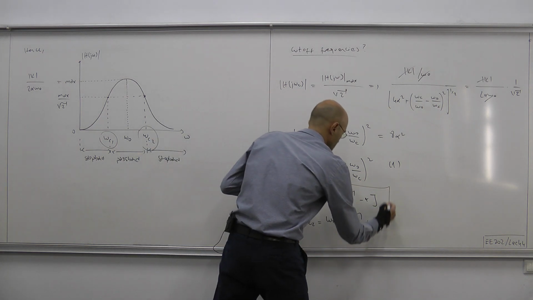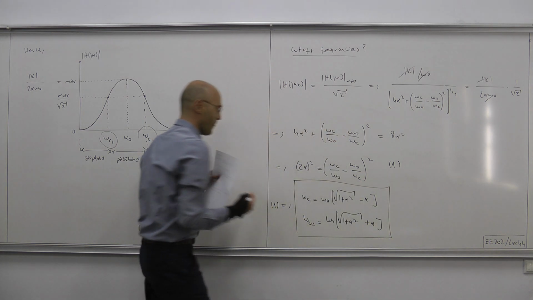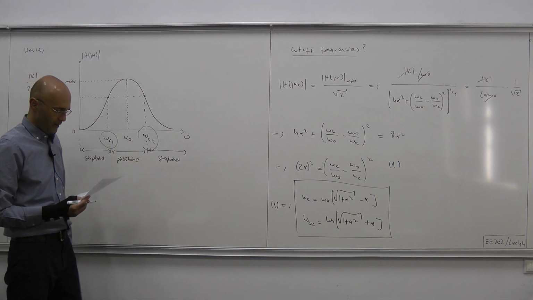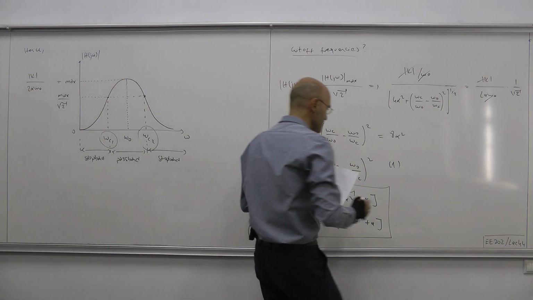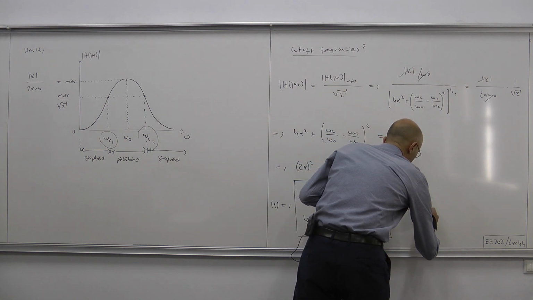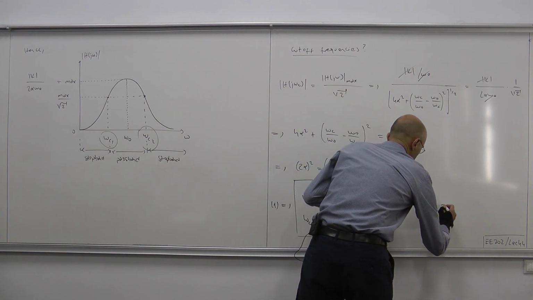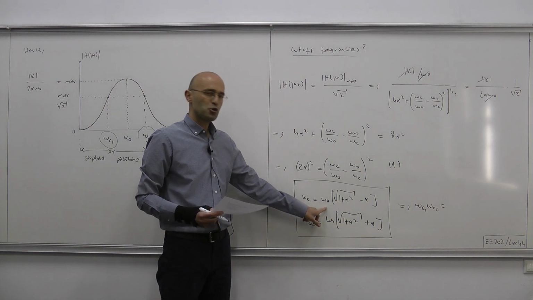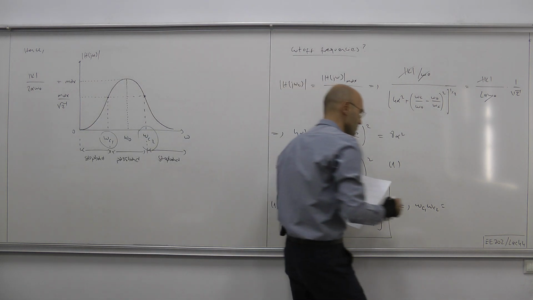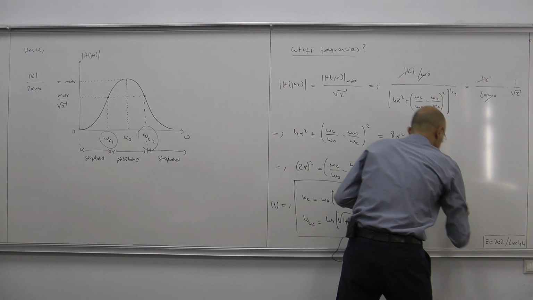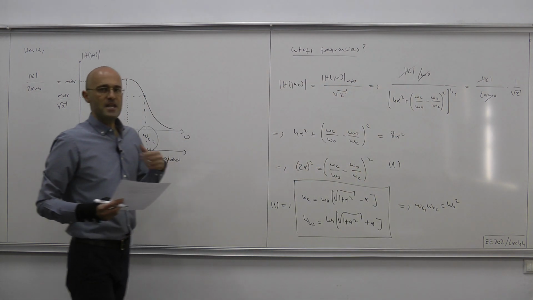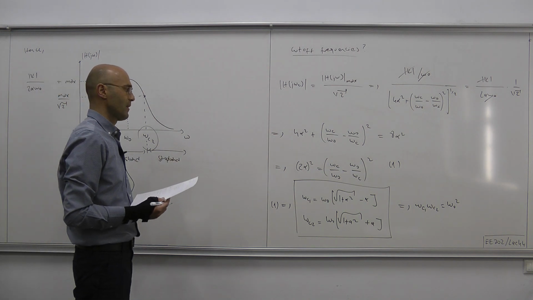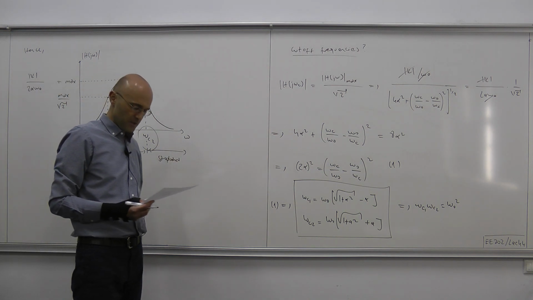This pair is our cutoff frequency pair. Note that the product of omega c1 and omega c2 produces the square of the center frequency, omega 0 squared. Therefore, the center frequency equals the geometric mean of the cutoff frequencies.